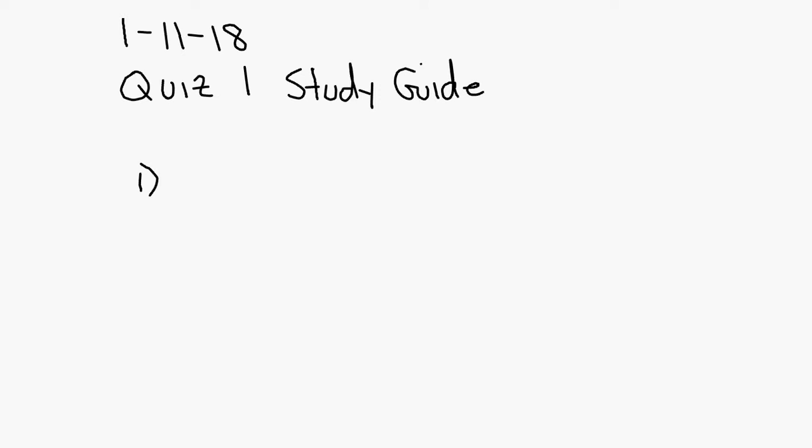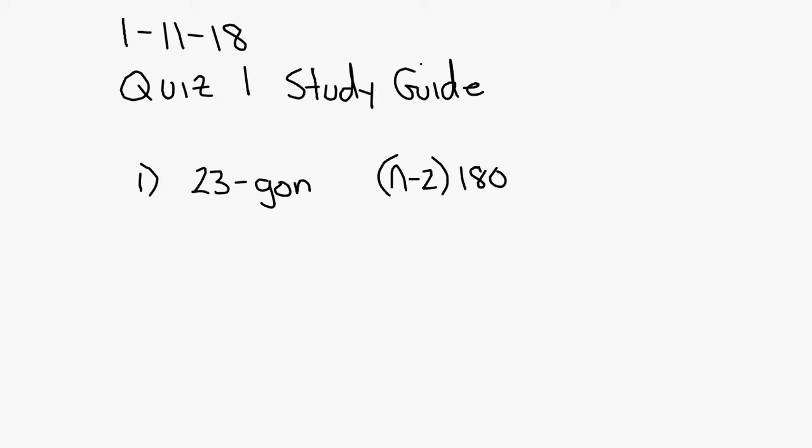Problem number 1 asks you to find the sum of the angle measures of a 23-gon. A 23-gon has 23 sides, and the formula to find the sum of the angle measures is n minus 2 times 180.